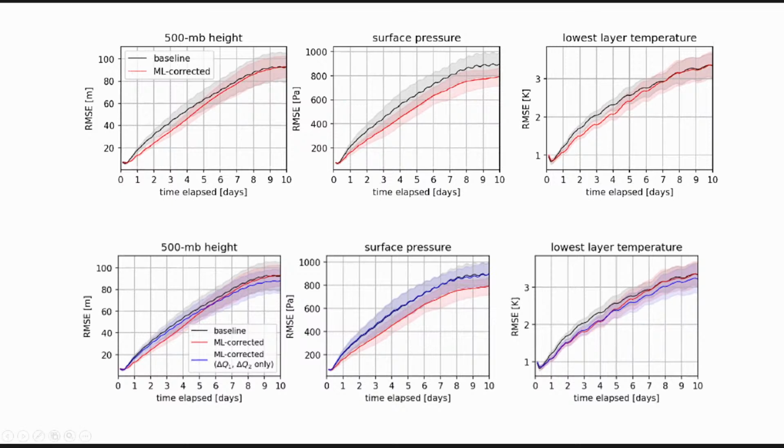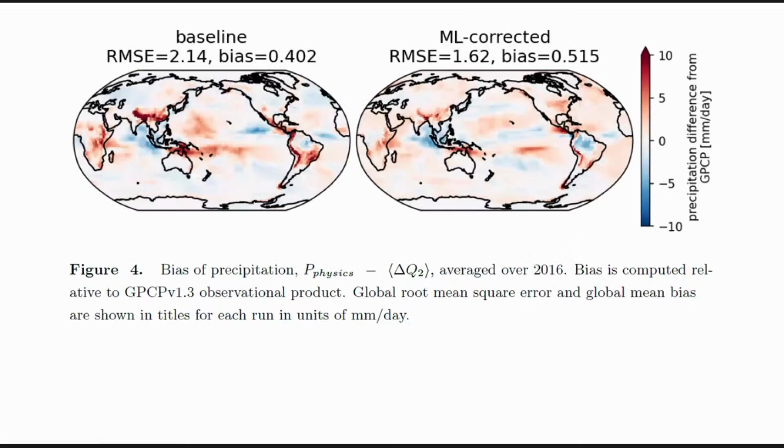And then another test, which is always a good thing to do, is to see how well this approach predicted something which wasn't built into the training. So it wasn't trained on precipitation, it was trained on moisture. But it's much more difficult to predict precipitation than it is to match the moisture of a reanalysis data set. And so they looked at, on the left we have the baseline.